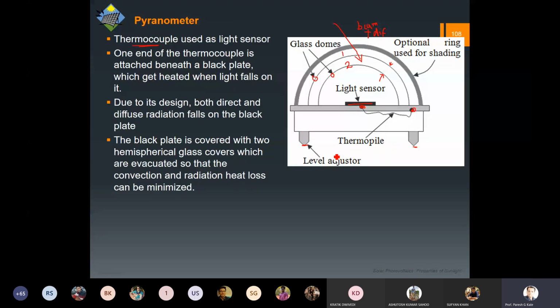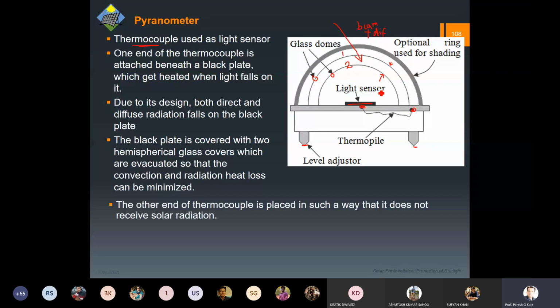When it gets reflected, it cannot escape because of the greenhouse effect, and this vacuum in between is going to stop the radiation losses. So we have made this arrangement in such a way that whatever is incoming is absolutely absorbed, and we are minimizing the losses.